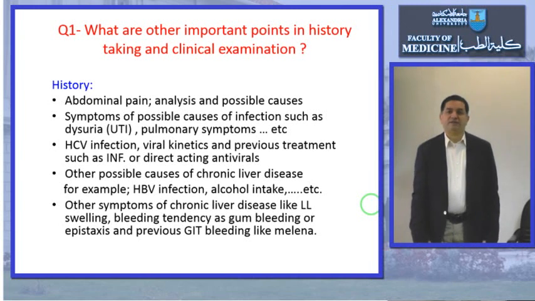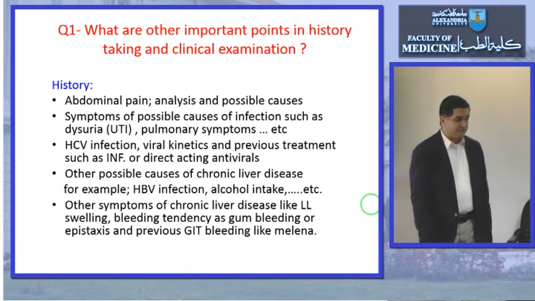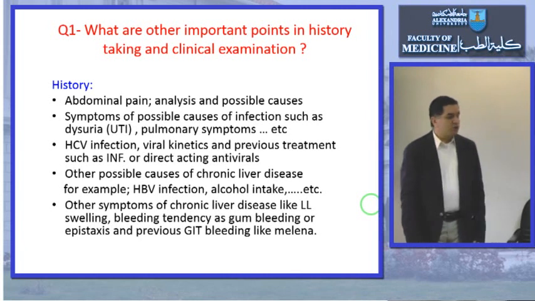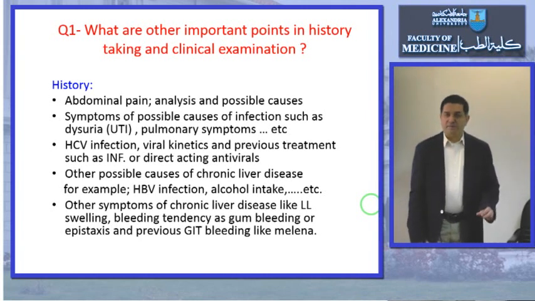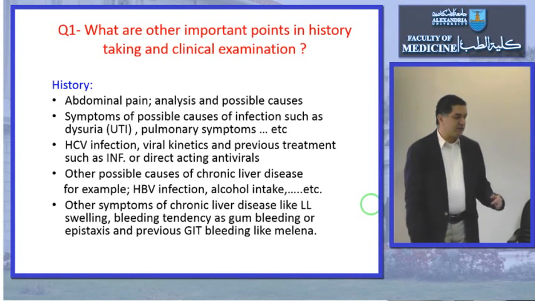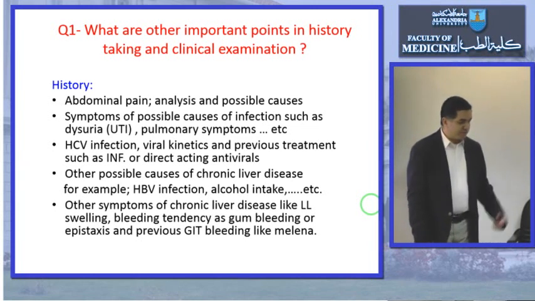We know that urinary tract infection usually comes from gram-negative microorganisms, which may lead to bacterial endotoxemia and bacterial translocation, leading to abdominal pain and maybe cholestasis. The third common site for infection in a patient with cirrhosis is the biliary tract, which is cholangitis.